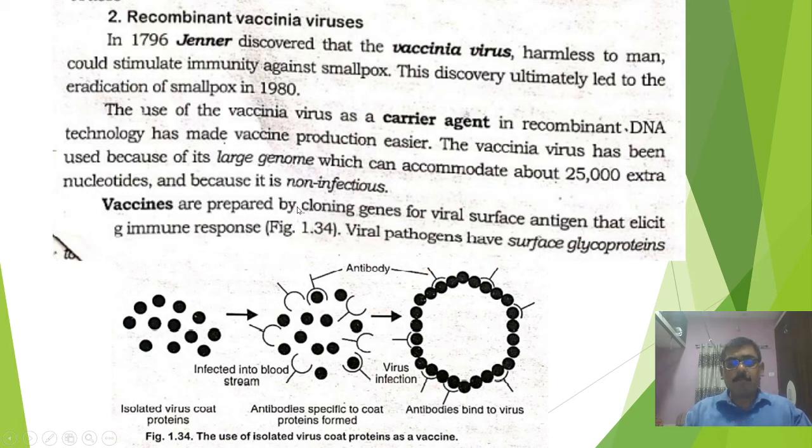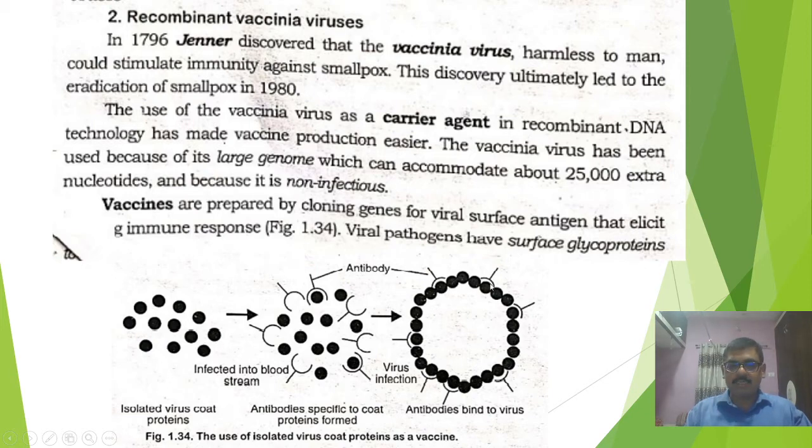The vaccines prepared by cloning of genes for viral surface antigen elicit the immune response, as shown in the figure. The viral pathogens have surface glycoproteins. Here we are isolating the virus coat protein.